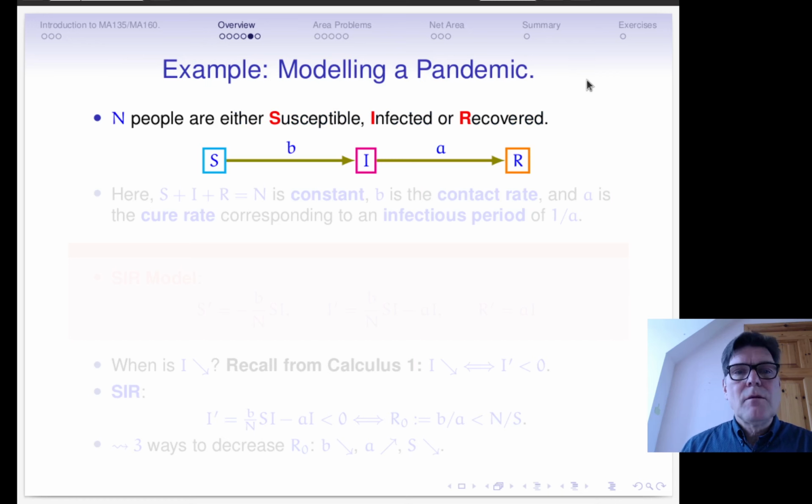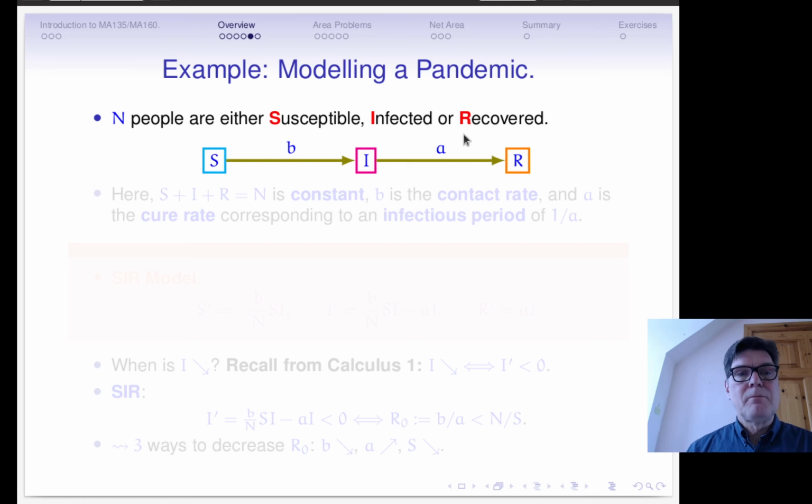A simple and rather popular model for modeling a pandemic is the so-called SIR model, where a population of capital N people is subdivided into three groups called S, I, and R, where S is the group of susceptible people, I is the group of infected people, and R is the group of recovered people. So we have S people, which are susceptible, I people infected, and R people recovered.